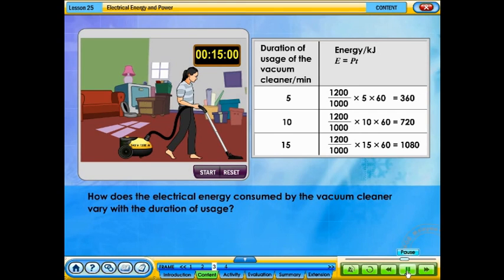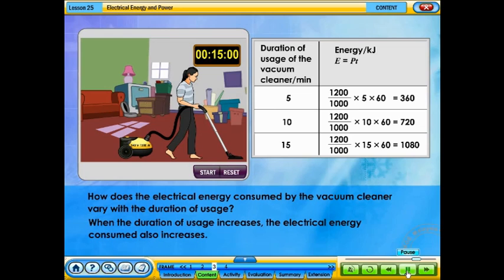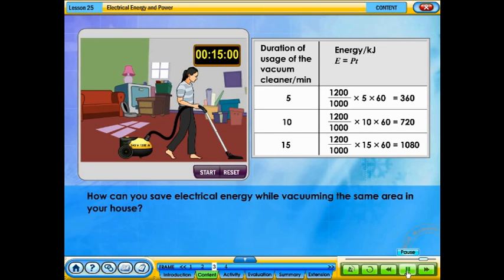How does the electrical energy consumed by the vacuum cleaner vary with the duration of usage? When the duration of usage increases, the electrical energy consumed also increases. How can you save electrical energy while vacuuming the same area in your house? Vacuum the same area in a shorter time.